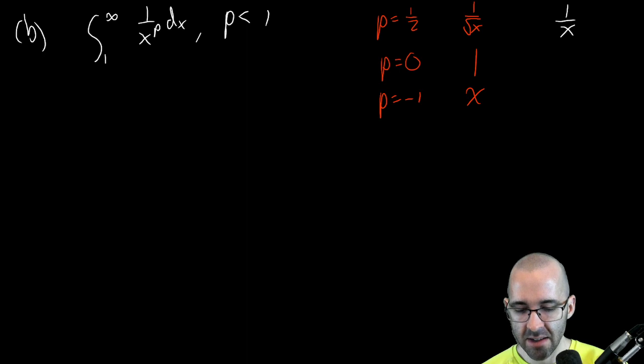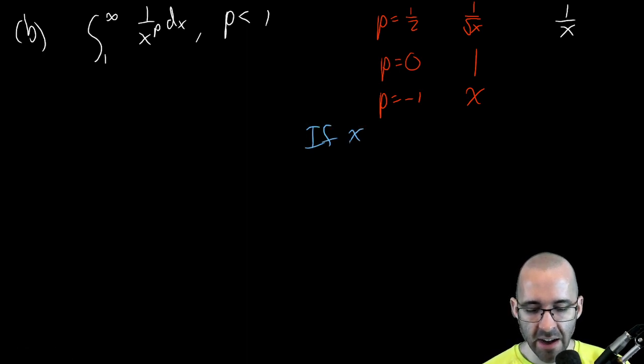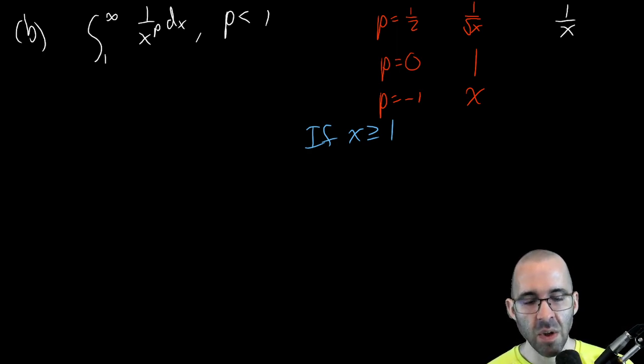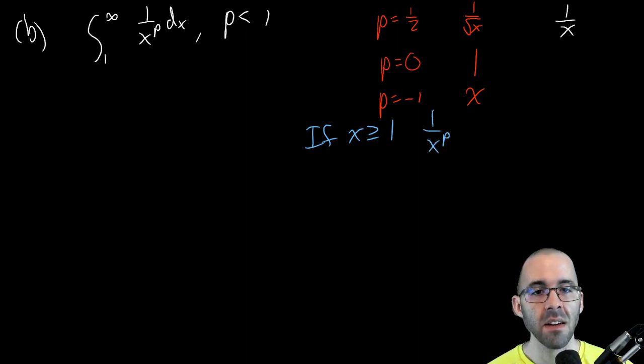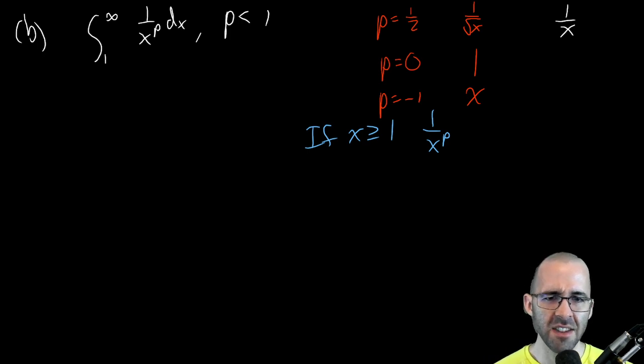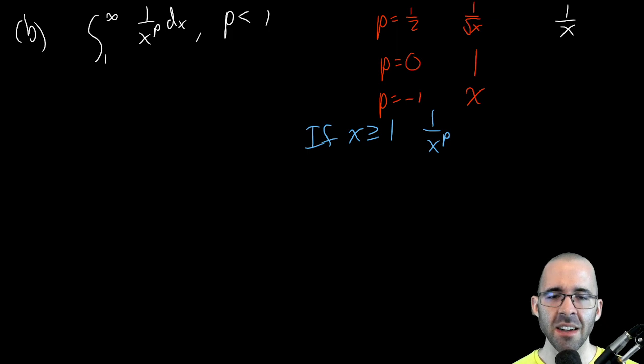Let's go off to the side and say, okay, if x is at least 1, then what happens between all of these? What happens to 1 over x to the p in comparison with 1 over x? P is less than 1. Hold on, there's got to be a smart way of setting this up instead of just stating it and checking whether it's true for some p.